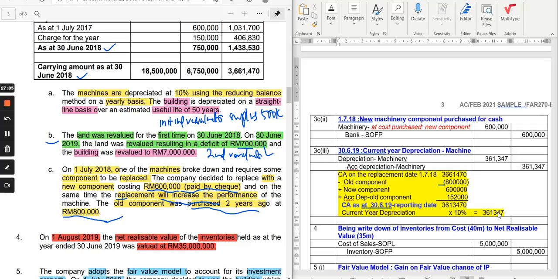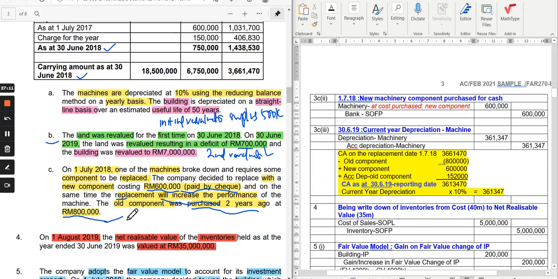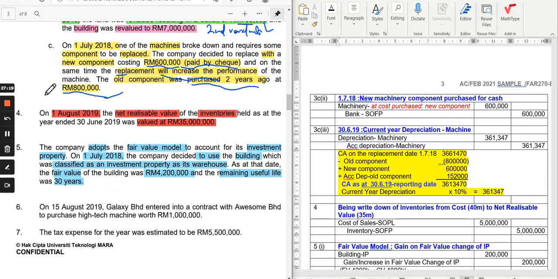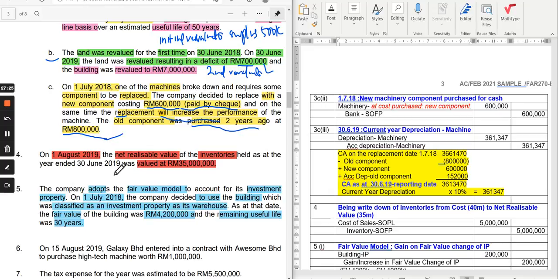Okay, so let's proceed and look at the next one, which is adjustment number 4. Make sure you understand that. This is also a revision for the first part of the syllabus. 1st of August, net realizable value. This is from what you have learned in FAR210, where the net realizable value of the inventories was valued at 35 million.